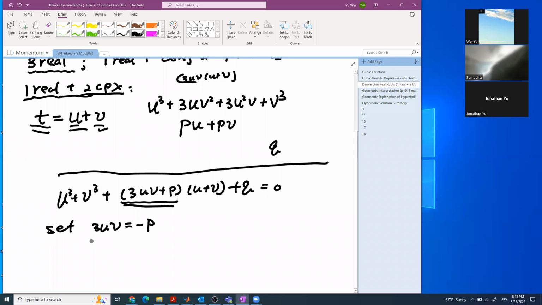What's the idea of setting it? Because we can cancel this term, it becomes 0. So then we have u cubed plus v cubed plus q equals 0.